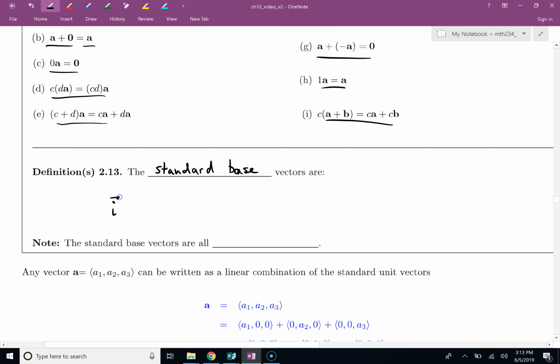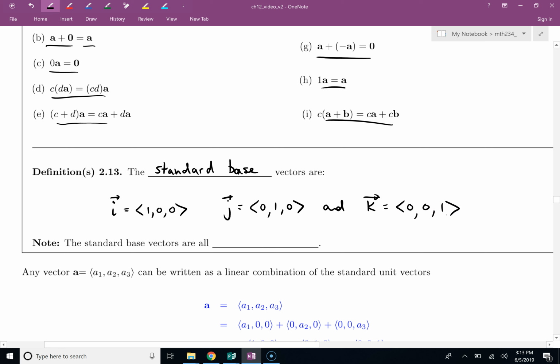So this is not the imaginary unit i, but a new thing here: i is the vector 1, 0, 0. We also have j, which is 0, 1, 0, and we also have k. So i, j, and k are the standard base vectors.